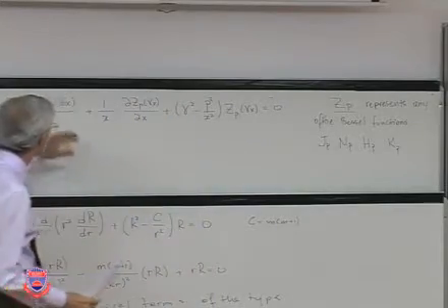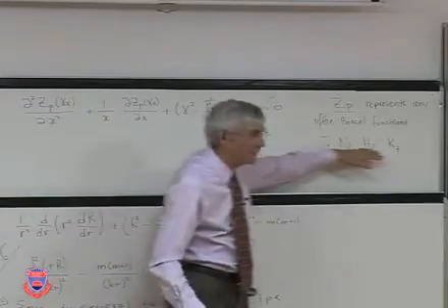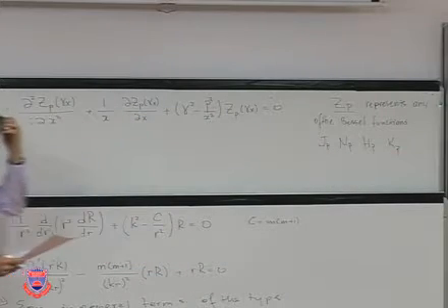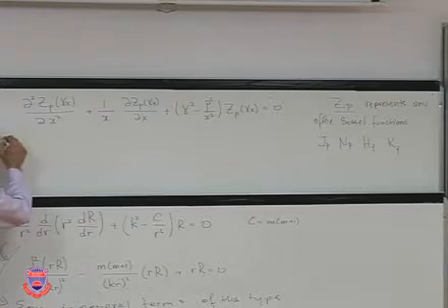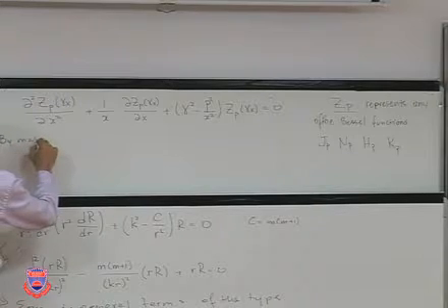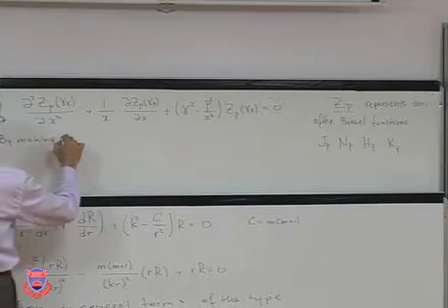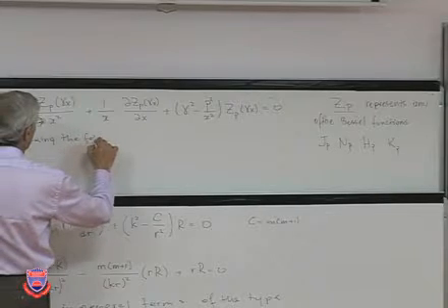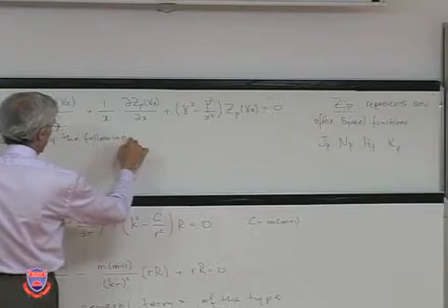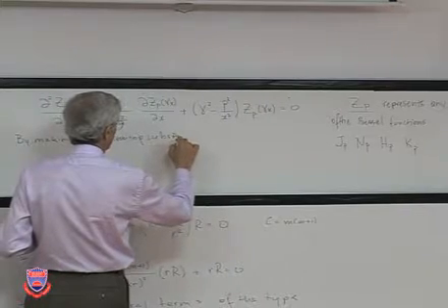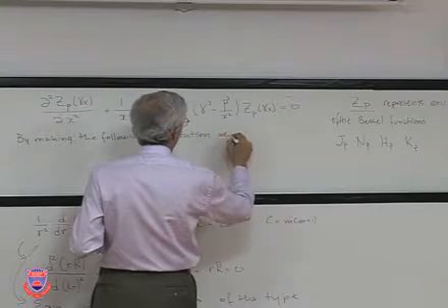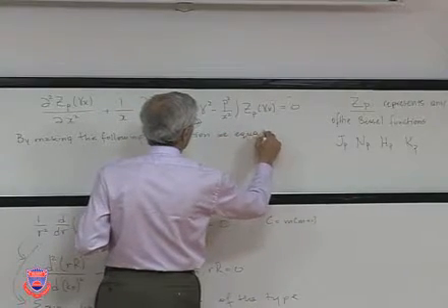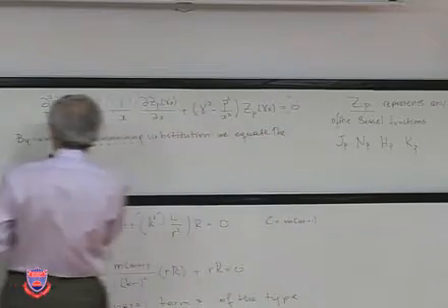So this Z can be any one of the Bessel functions. The way we equate the two equations is by making the following substitutions.